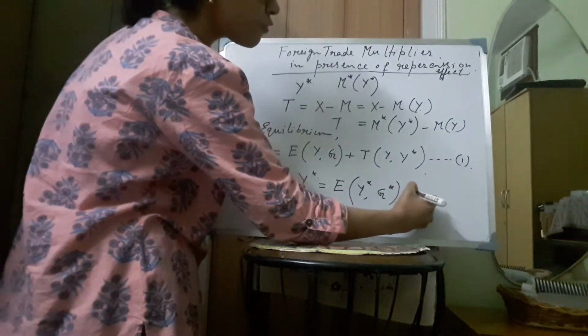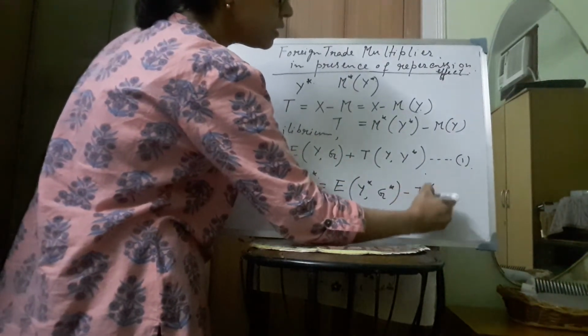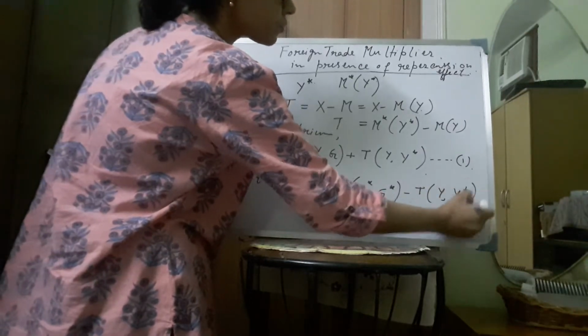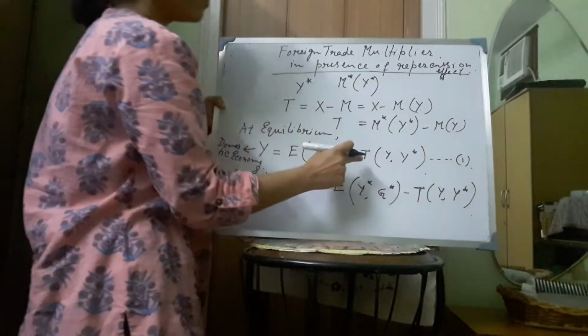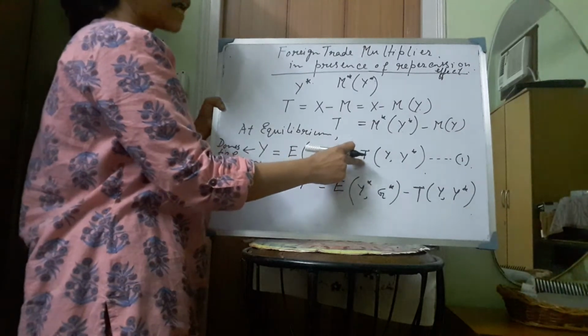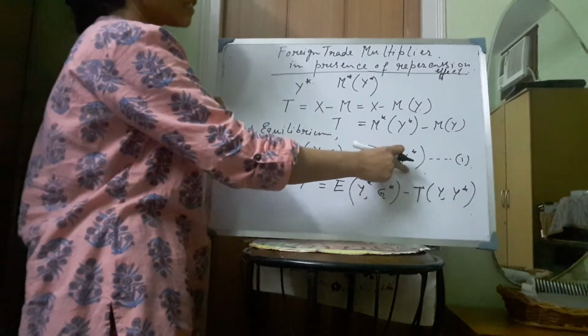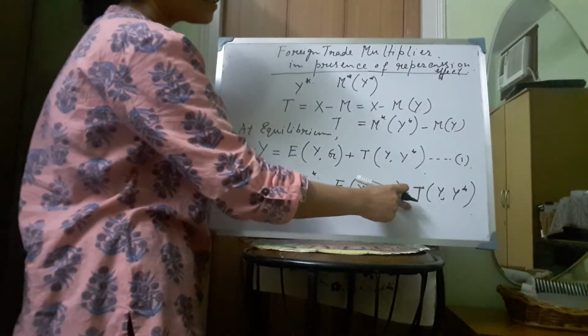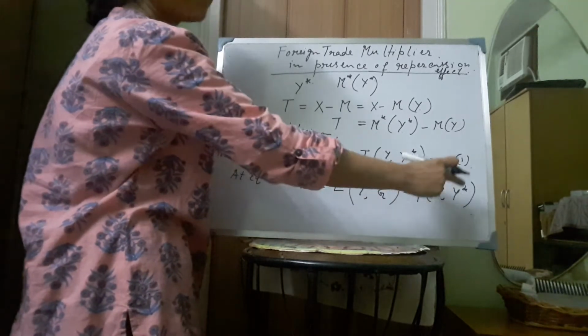Now this trade balance of the foreign country is minus T. So if the trade balance in the domestic economy is plus T, which is a function of Y and Y star, then the trade balance in the foreign country is minus T of Y and Y star.